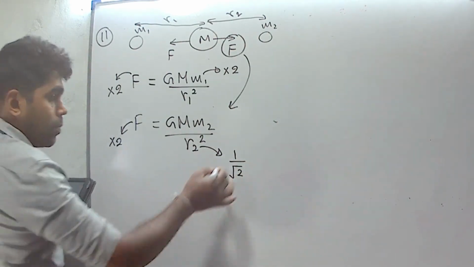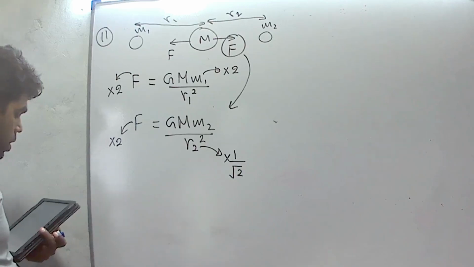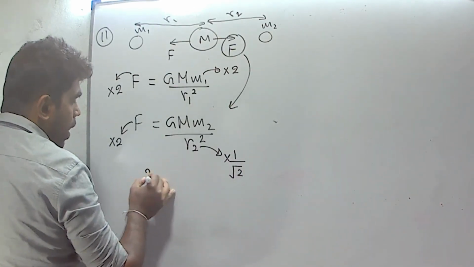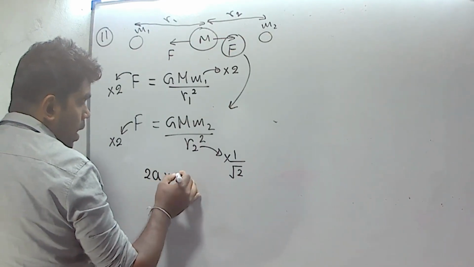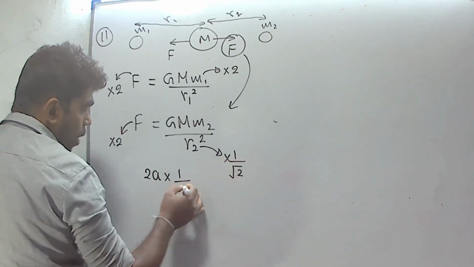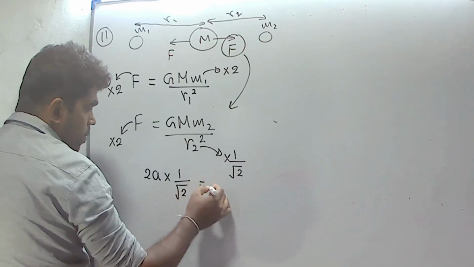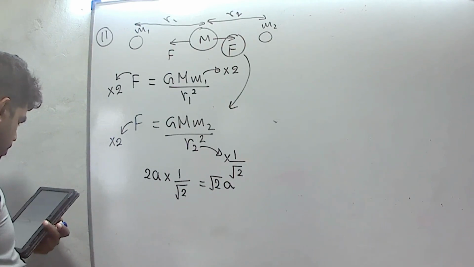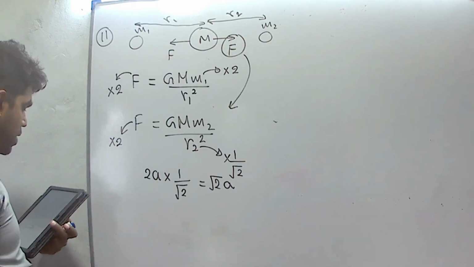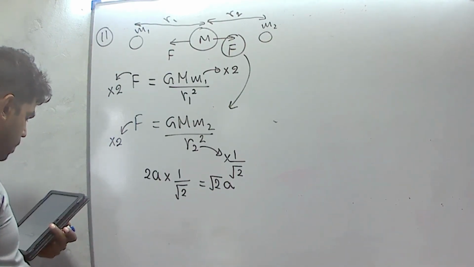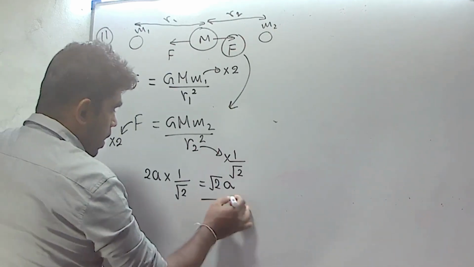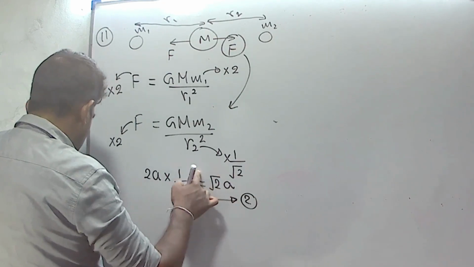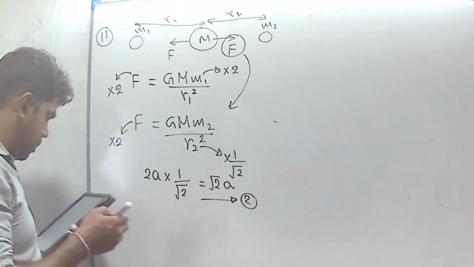Now the initial value of R2 is 2A. 2A should be multiplied by 1 over root 2. Then it should be root 2 A. Root 2 A is the answer, so the second answer is correct.